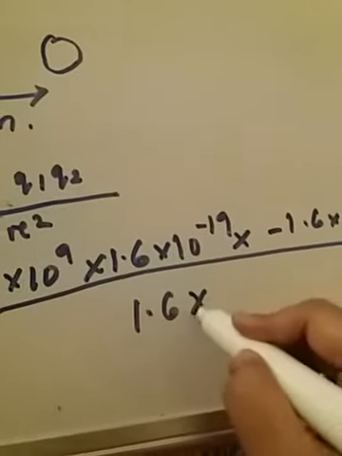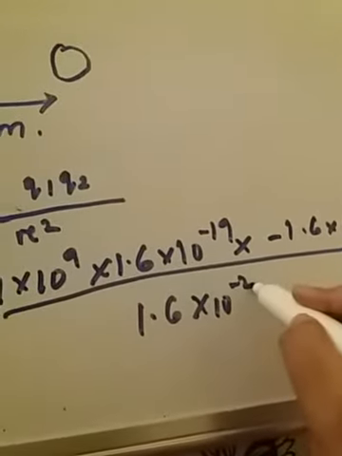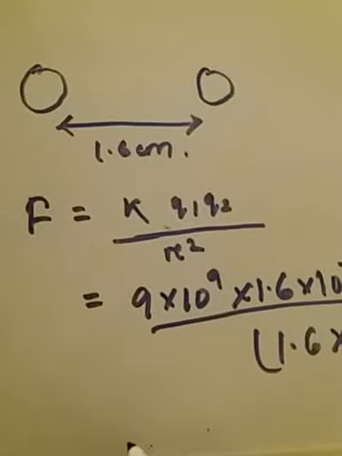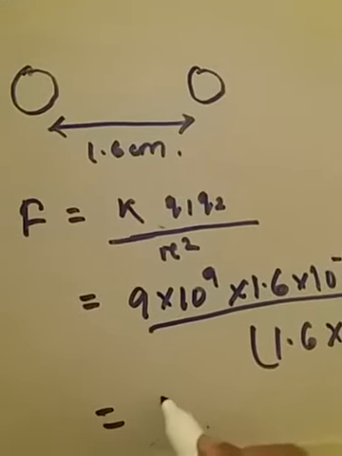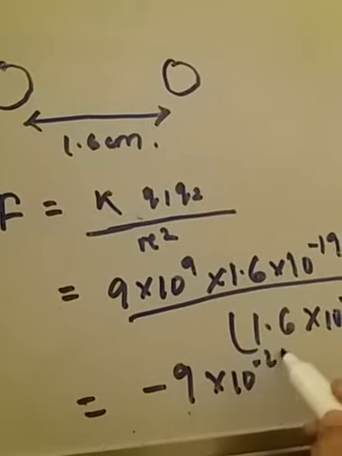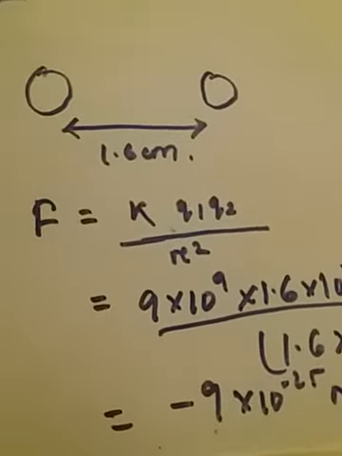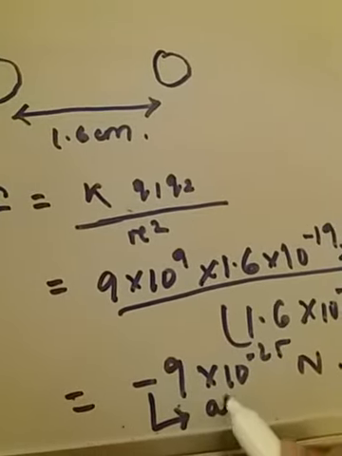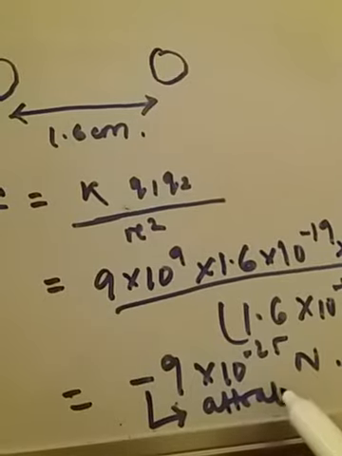We have to convert it into meter, so 10 to the power minus 2, squared. The answer you will get is around minus 9 into 10 to the power minus 25 Newton. And this negative sign indicates the force is attractive in nature.